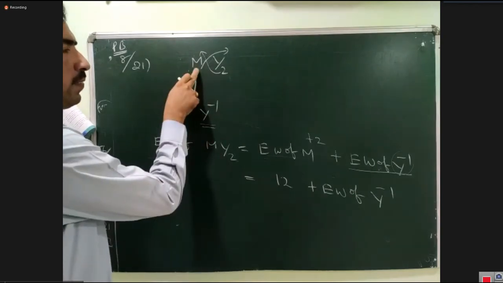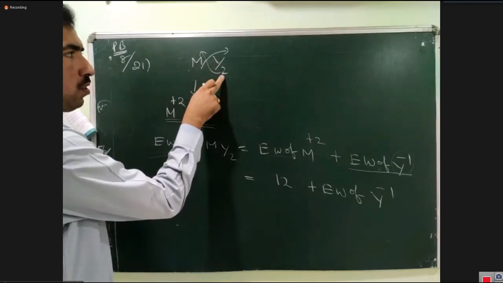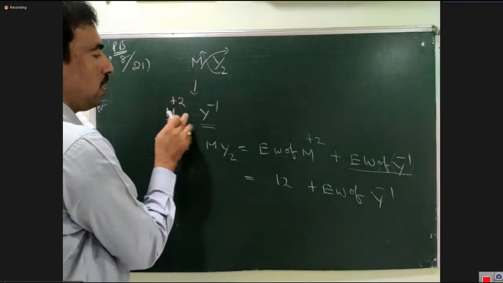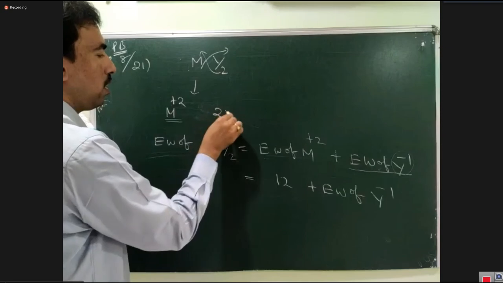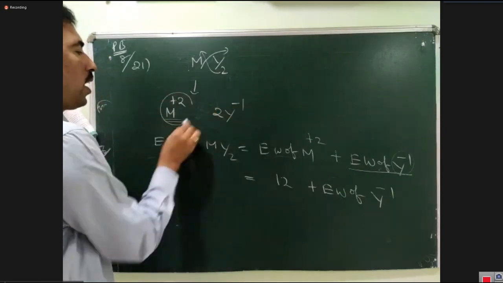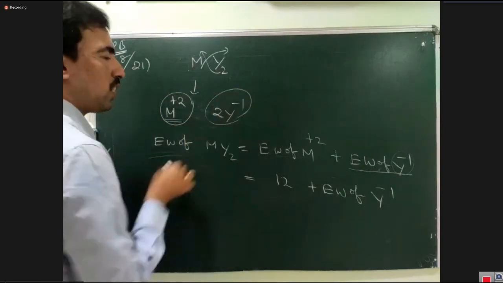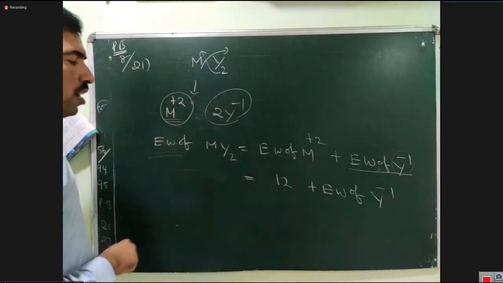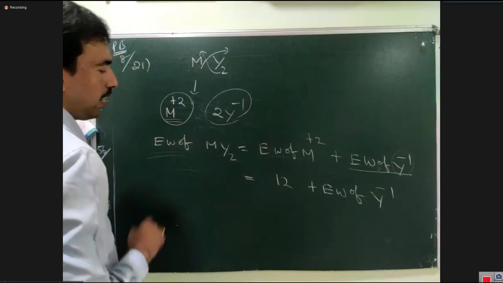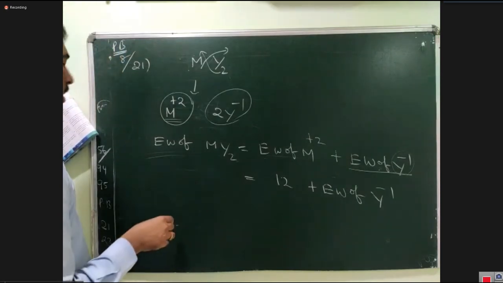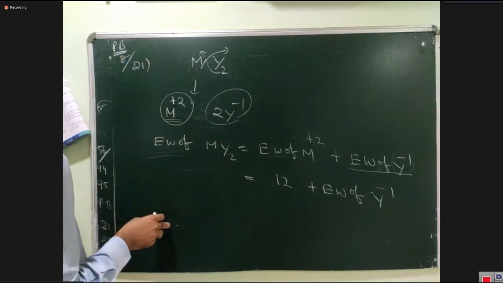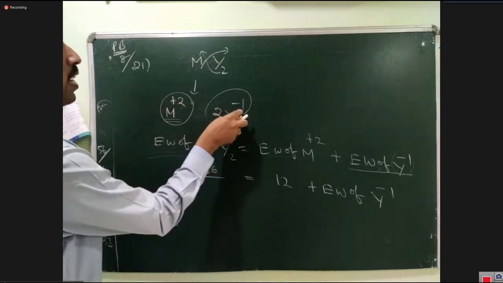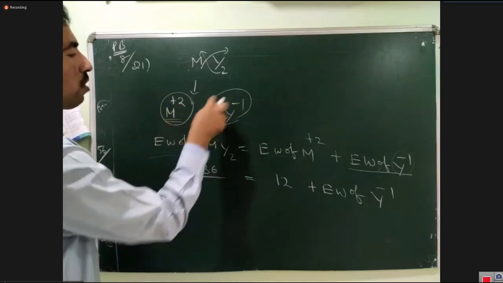So either you can take plus 2 or you can take minus 2, the total positive charge or total negative charge.